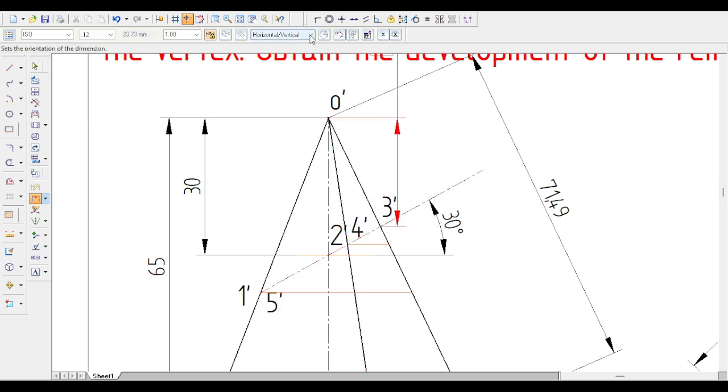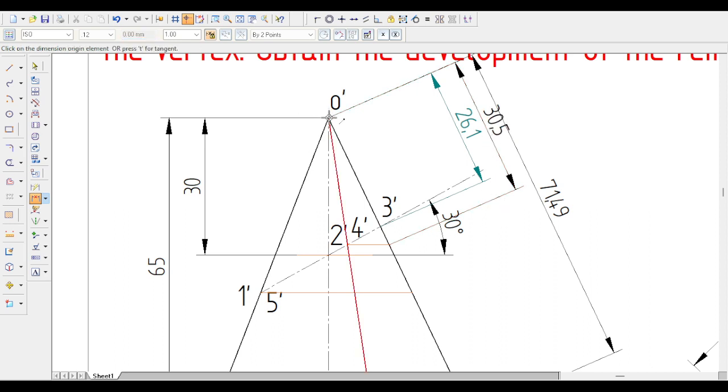Here, by 2 points you have to select the dimensions. This is the point 3. Similarly, this is the point 2 and 4 I have, so you can keep here. Then finally the points 1 and 5, I will keep here.